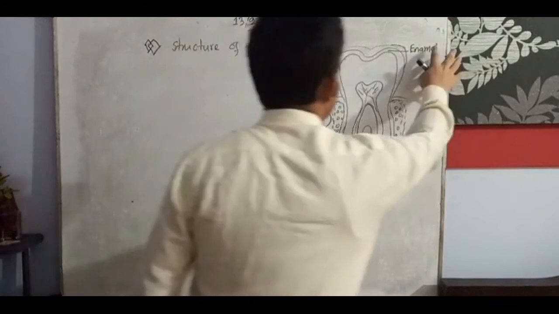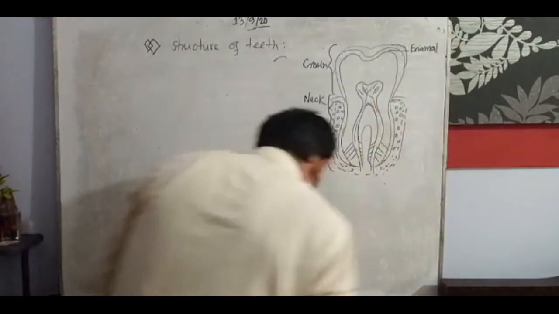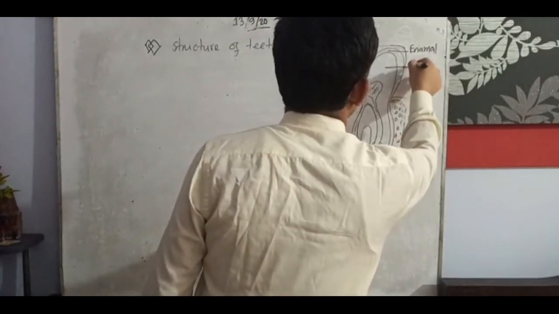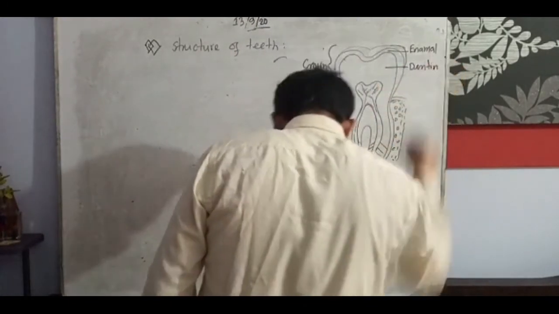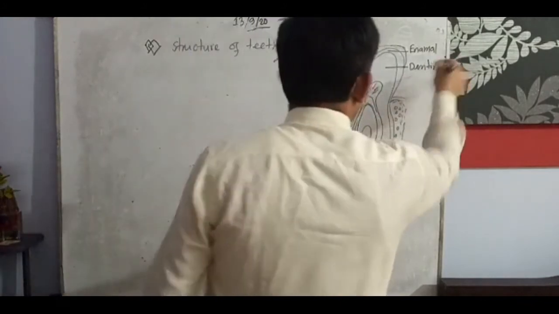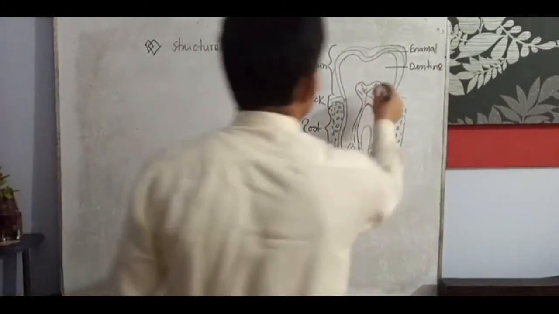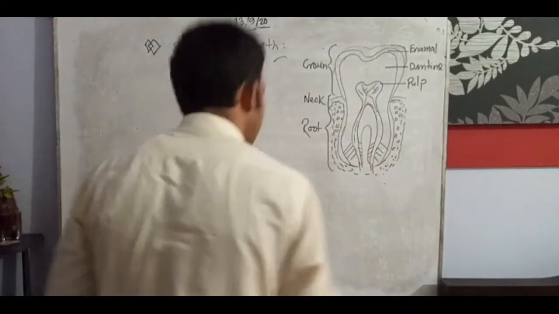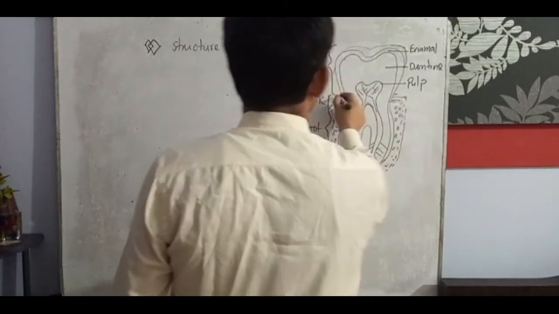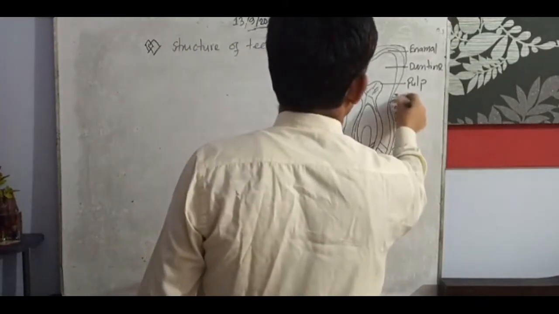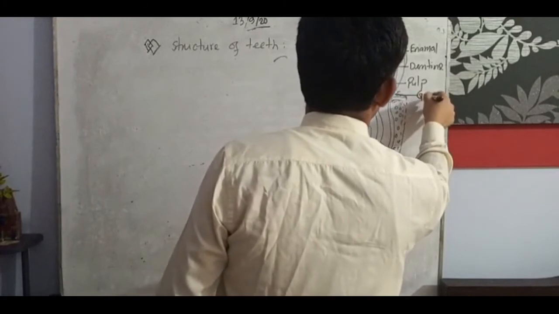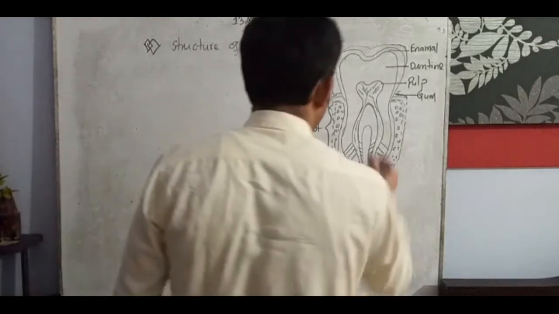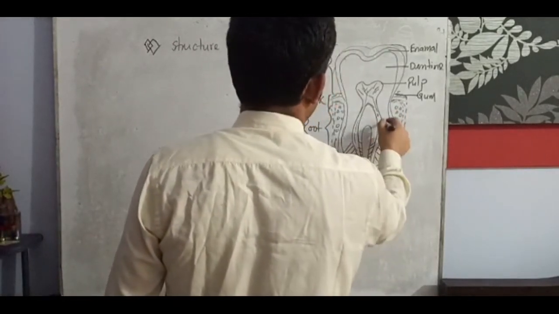Enamel. And then dentine is that part, this is the dentine. Dentine, okay, and later on this one is the pulp, and this one is the gum. The gum, and then the nerve cord, of course, is here.